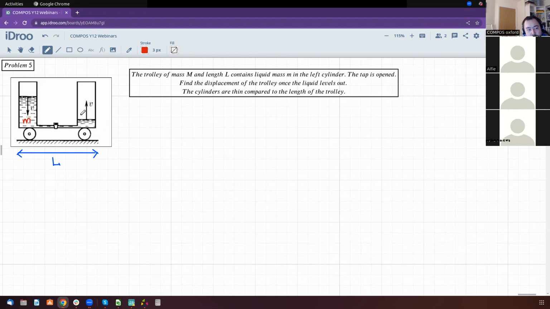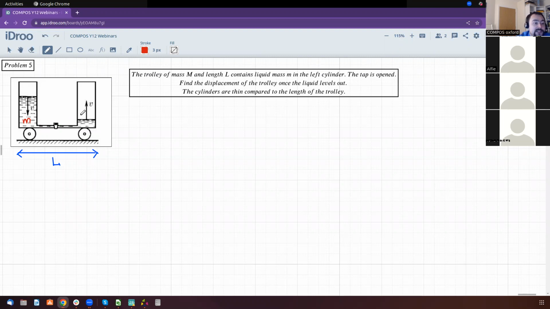So who can tell me why the trolley would move in the first place? Very good, Alistair. The center of mass cannot change. Therefore, the trolley would move slightly to the left because the liquid would displace to the right.